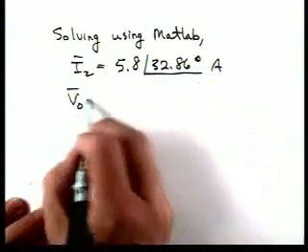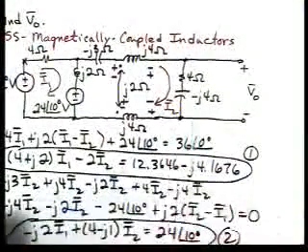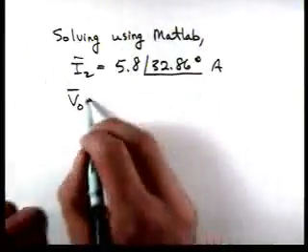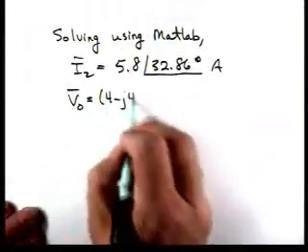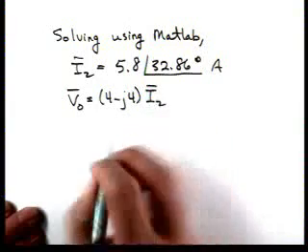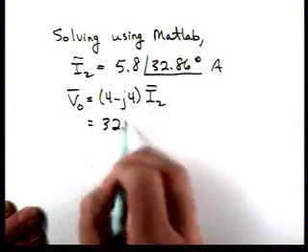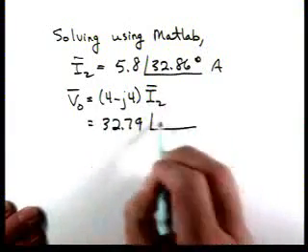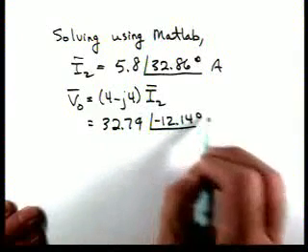And if we look back at our circuit diagram, V0 is (4 minus j4) times I2, which is 32.79 at an angle of minus 12.14 degrees.